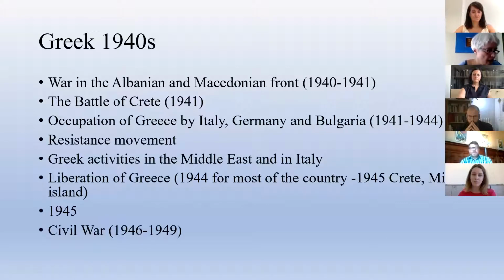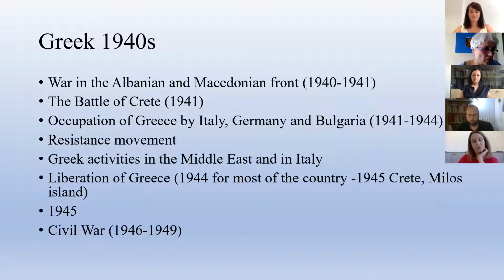And that applies especially to the Greek 1940s, to the war against the Italians and the Germans in the mainland and in Crete, against fascism and Nazism, also to the occupation of the country by the Axis that followed, the development of the resistance movement, one of the most important and massive in occupied Europe, to the activity of the Greek government in exile and of the Greek forces, mainly in the Middle East and in Italy, by the side of the Allies, to the liberation of the country, the interim year of 1945, to the Civil War and its legacy.